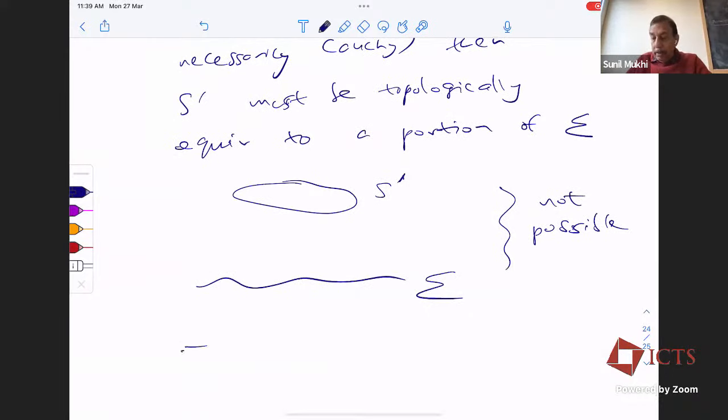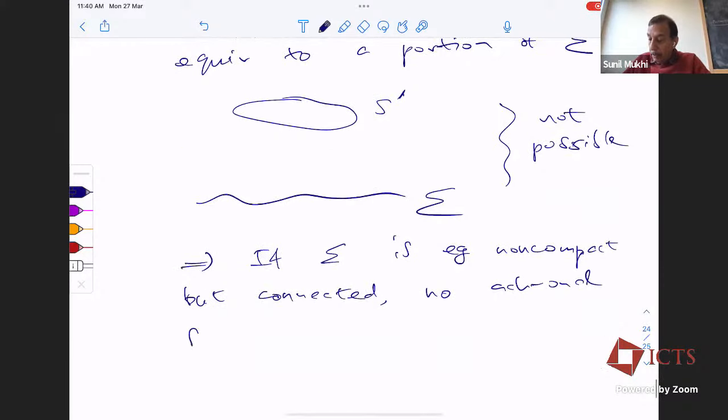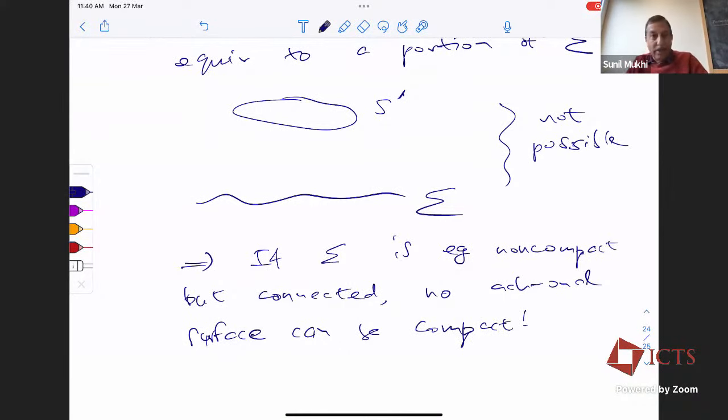That means that if sigma is, e.g., non-compact but connected, then no a-chronal surface can be compact. So there are consequences. This theorem gives us all kinds of nice results.